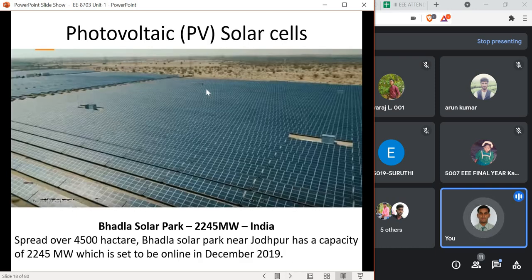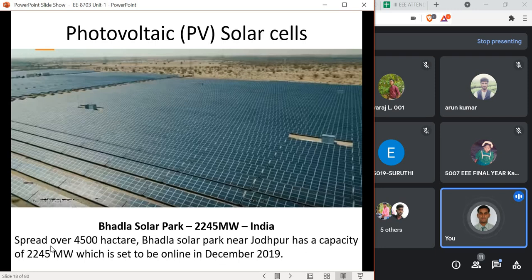Look at the aerial view of this solar power plant, a PV power plant. This is one of the biggest power plants in India so far. Up to December 2019, this is one of the biggest solar power plants in India. It is located in Badla Solar Park.